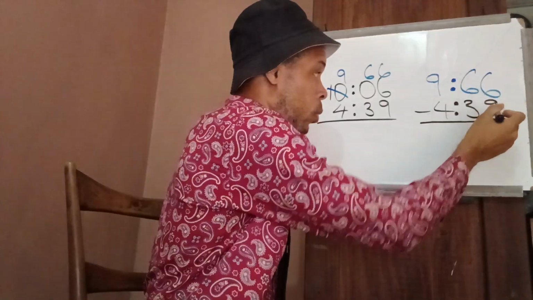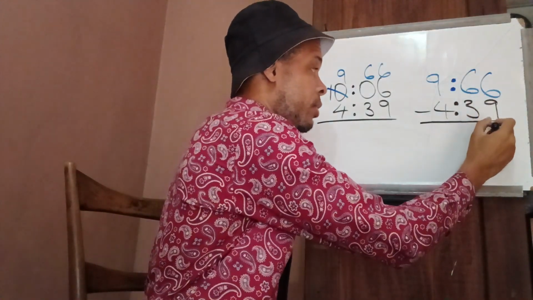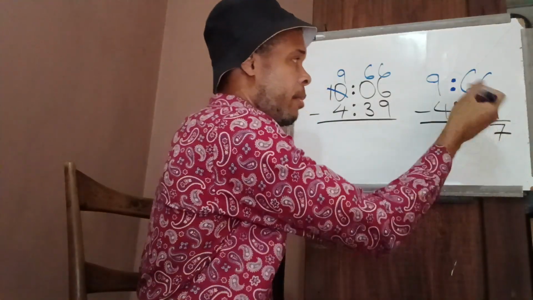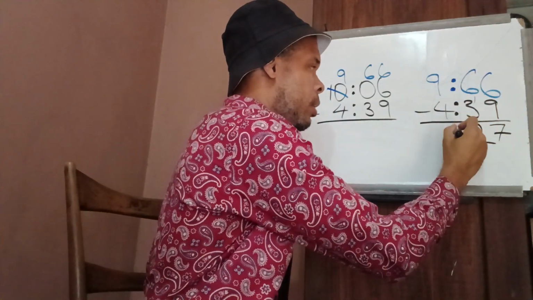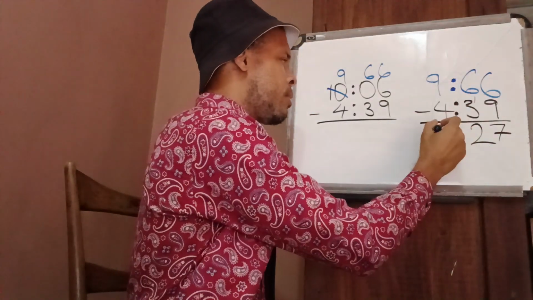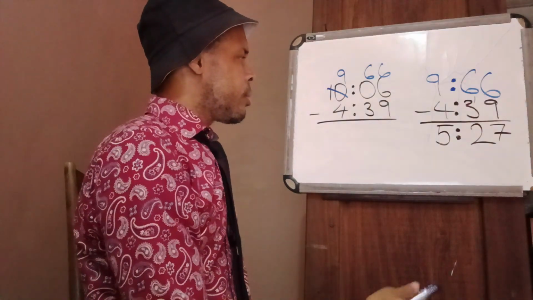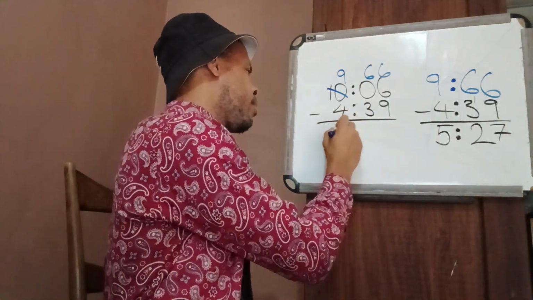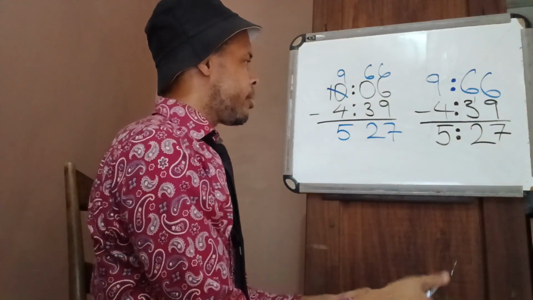Alright, so 9 plus 7. Let's carry on 1. 6 minus 4. And 9 minus 4. So let's put this here and see what happens.